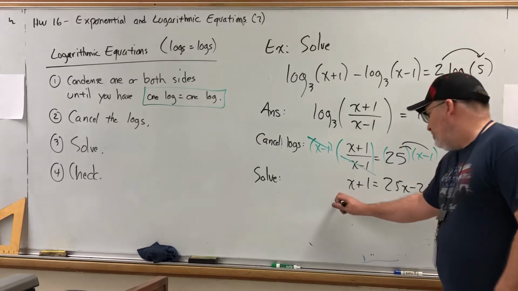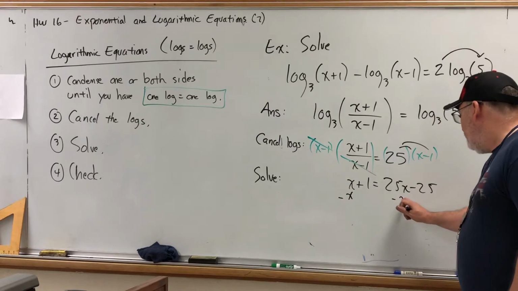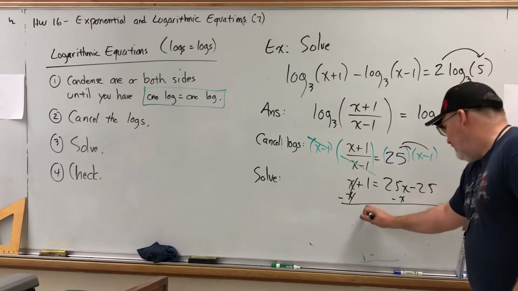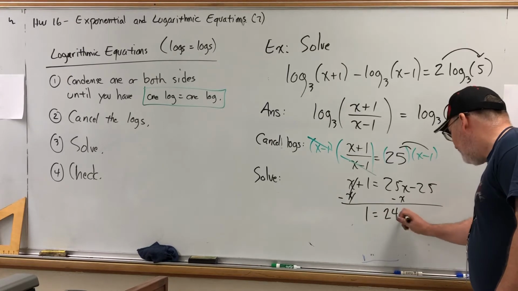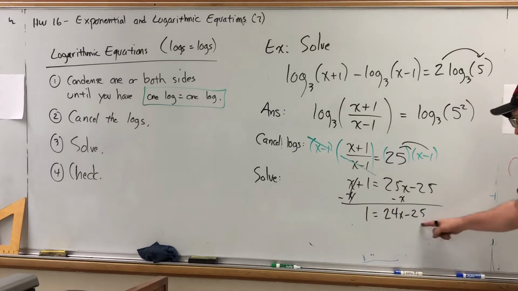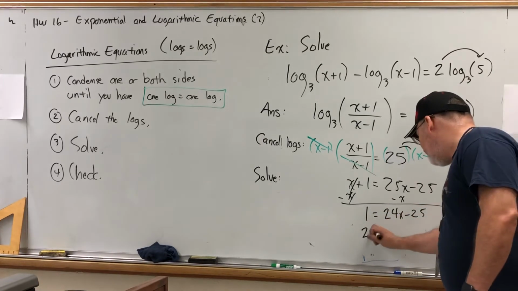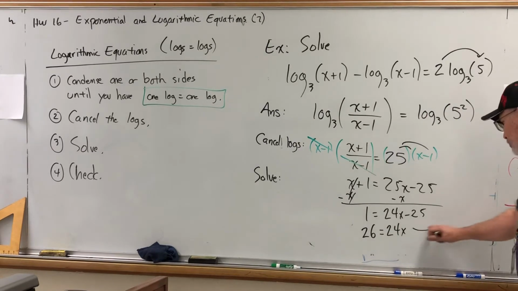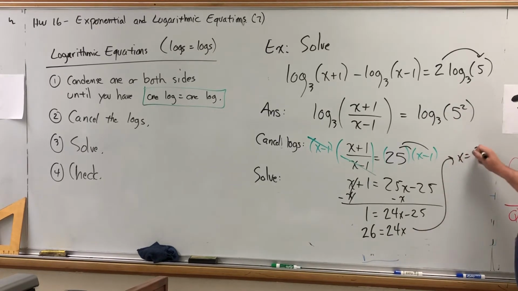I always recommend subtracting the smaller of the 2 because it will leave the resulting x positive. So we get 1 equals 24x minus 25. And I'm just going to expedite this. Add 25 to both sides. It'll cancel this one and give you a 26. And then divide both sides by 24. You get x equals 26 over 24. Let's go ahead and reduce that to 13 over 12.